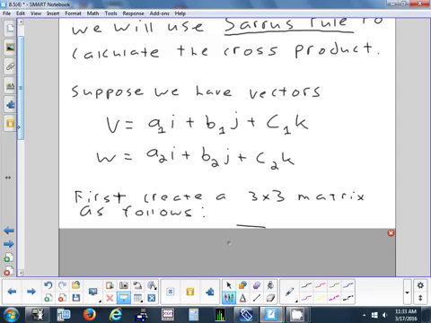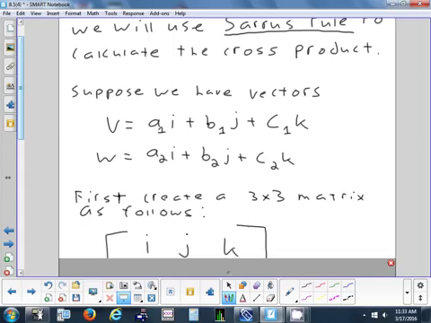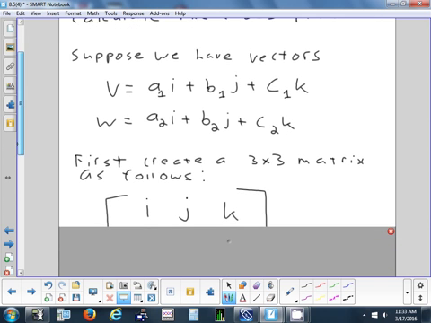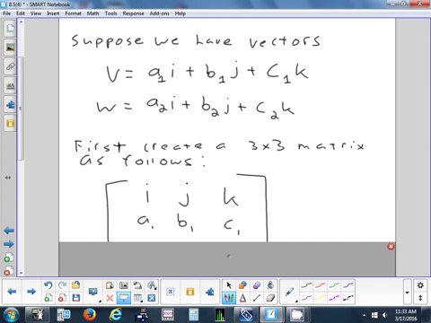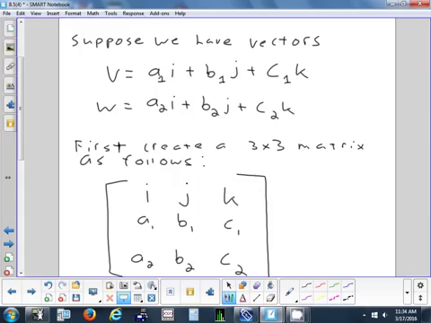Okay, and to use Sarrus's rule, the first thing we have to do is set up a 3x3 matrix. In the first row, you're just going to put i, j, and k. In the second row, you're going to put the coefficients of v, a1, b1, c1. And in the third row, put the coefficients of w, a2, b2, c2.